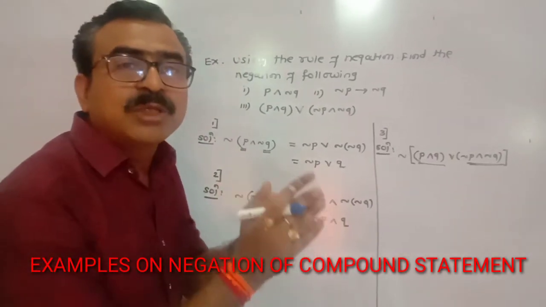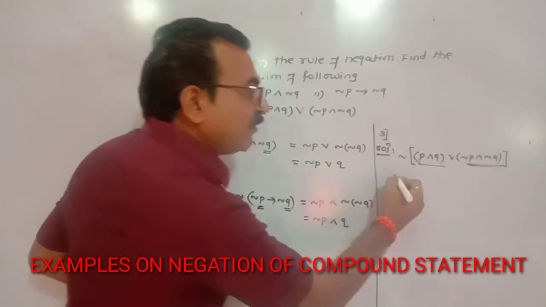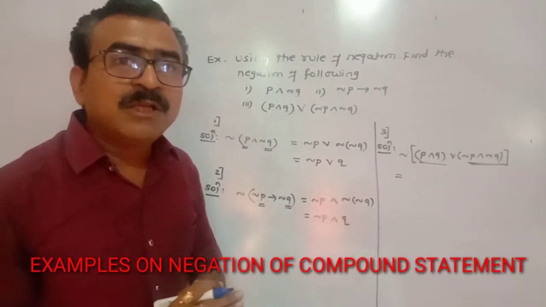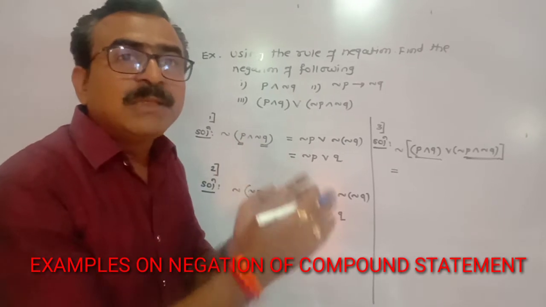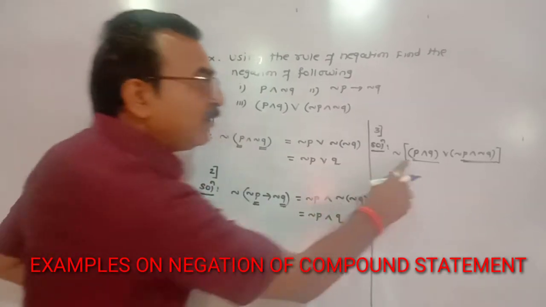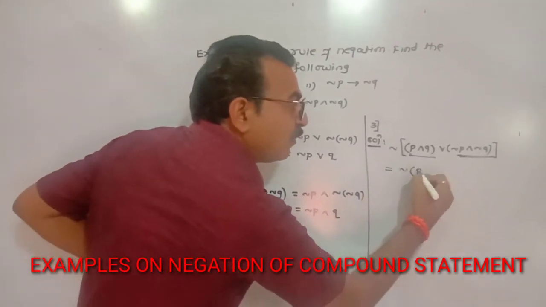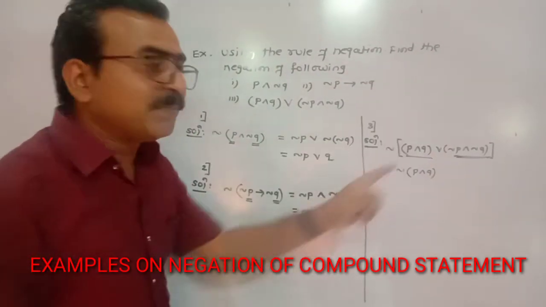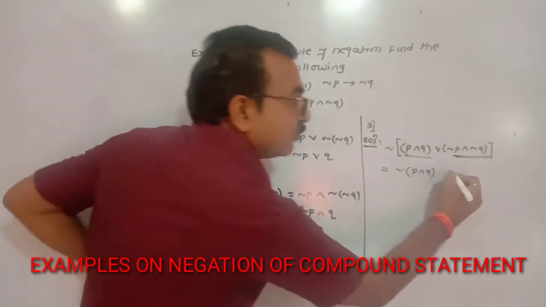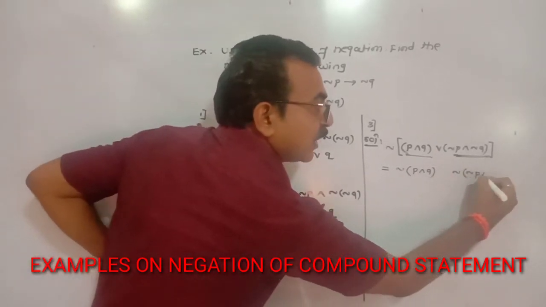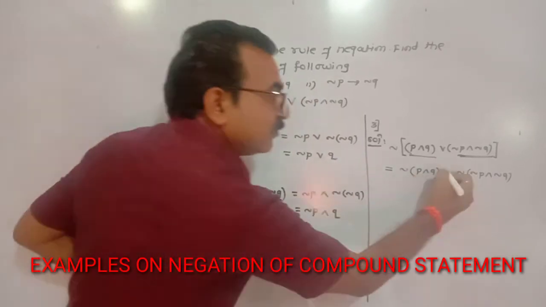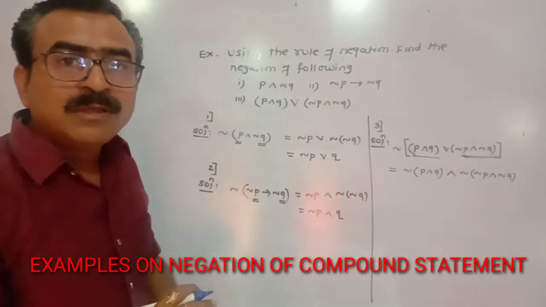According to the rule of negation of disjunction, while performing the negation of a disjunction statement, you know that initially you perform the negation of the first statement, means negation of the first bracket, then perform the negation of the second statement, means the second bracket, so negation of the second bracket, and replace OR by AND. Understood?